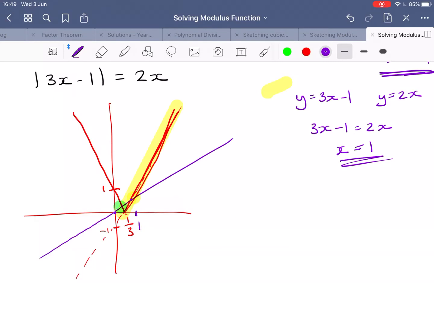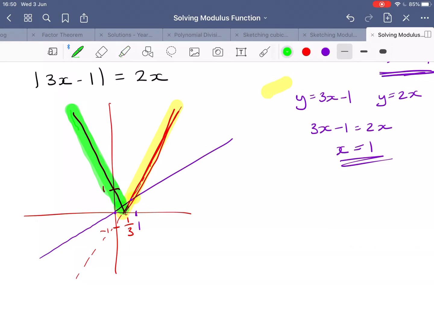Right, now let's look at the other one. So I want to know where this portion of the modulus graph meets the line y equals 2x. Now I have to think, what's the equation of this green portion of my modulus graph?